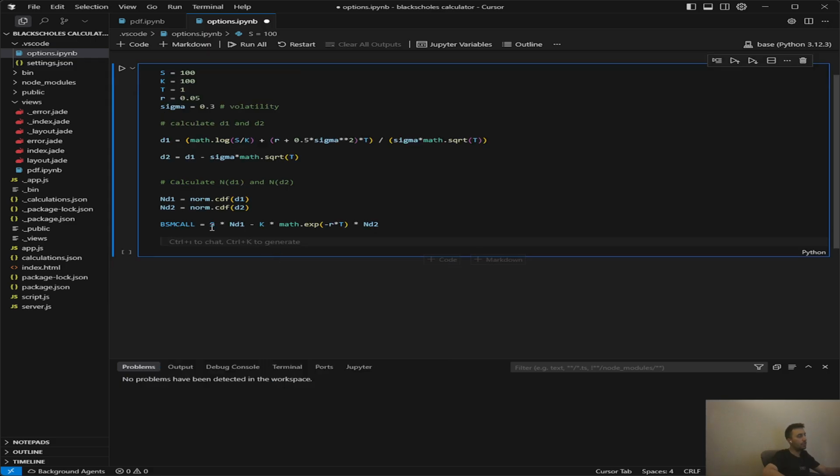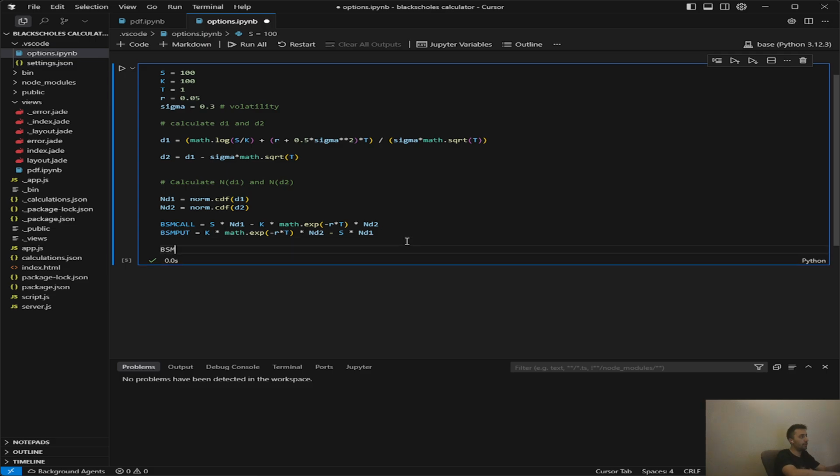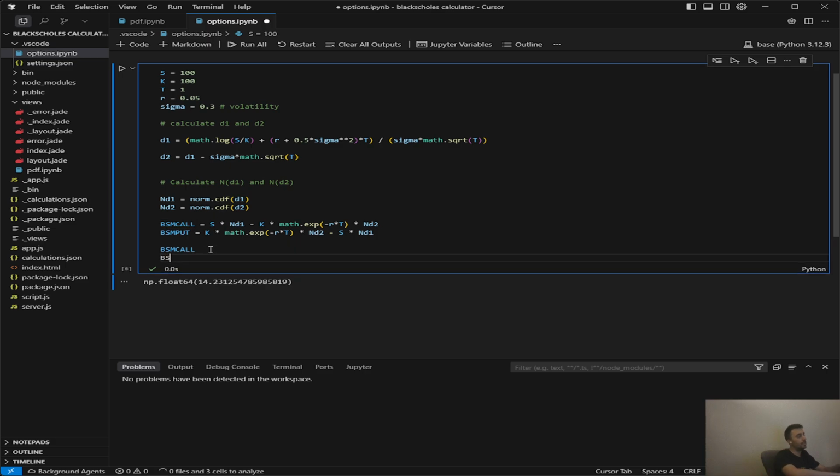The BSM put uses the same formulas, which are already calculated. If I take the BSM call, we should find this is our call price, and this is the put price.